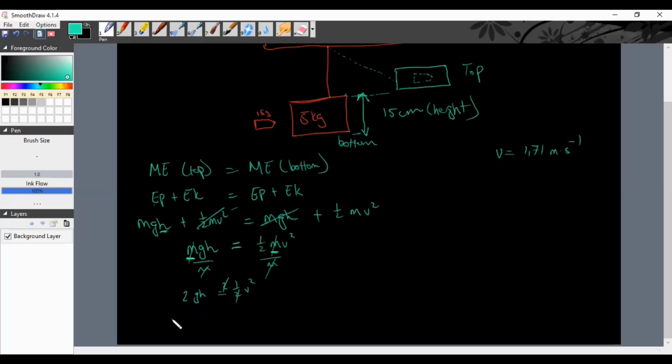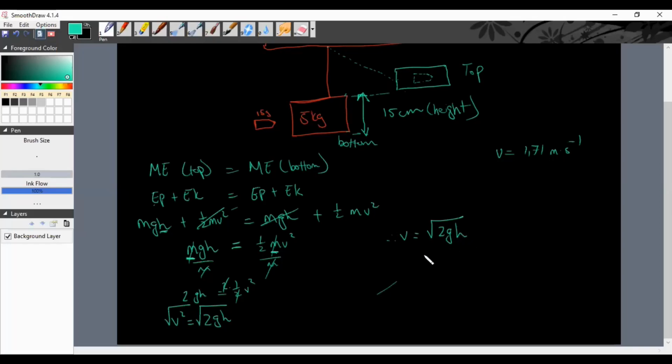So I'm left with V squared is equal to 2 times gravity times height. To simplify that even more, I'm going to square root both sides. Therefore, velocity should equal the square root of 2 times gravity times height.